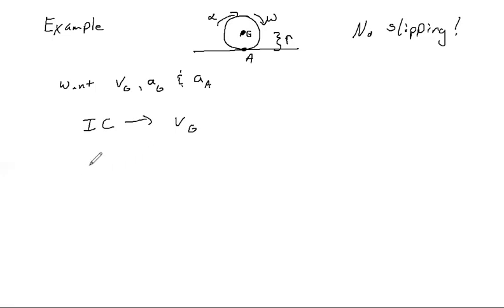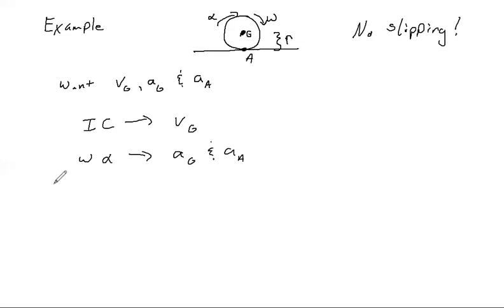And then I'm going to use omega and alpha and the relative motion equations for acceleration to get AG and AA. So that's basically how I want to proceed. Let's dive right in.